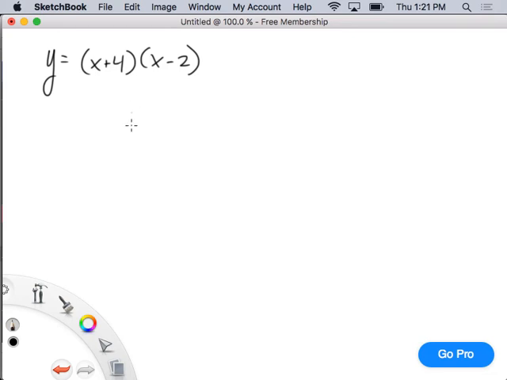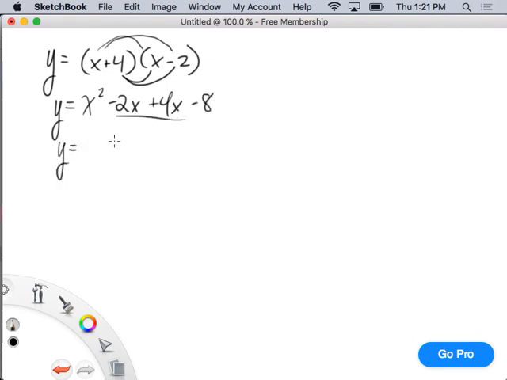So let's go ahead, and how should we do this? What do you say, Christiana? Distribute. When we have two binomials, it's a special term that begins with an F. FOIL, there you go. Nice, so we're going to FOIL, and we get y equals x squared minus 2x plus 4x minus 8.